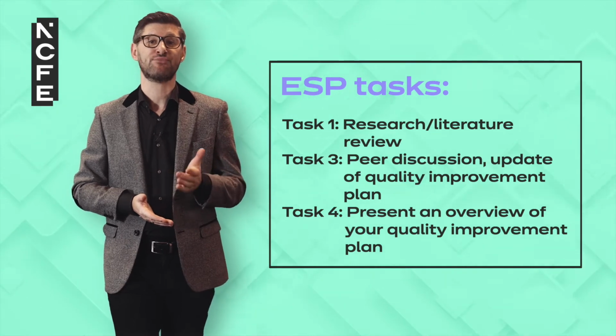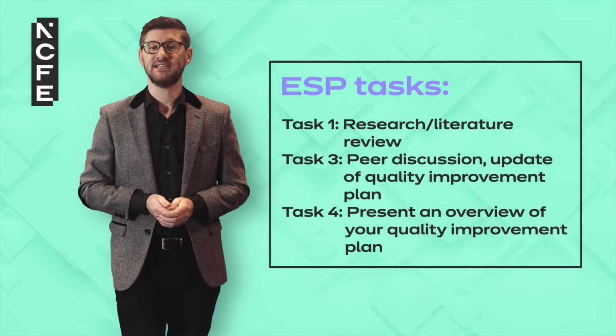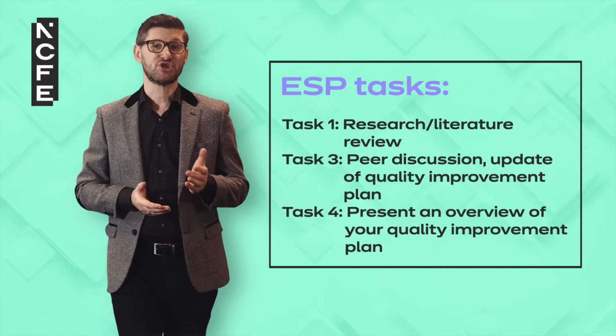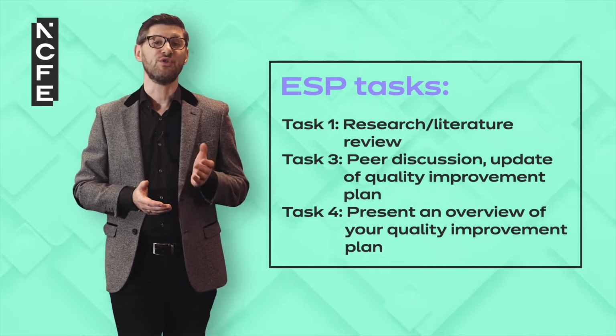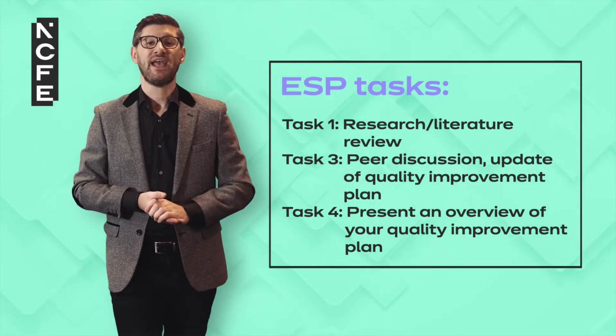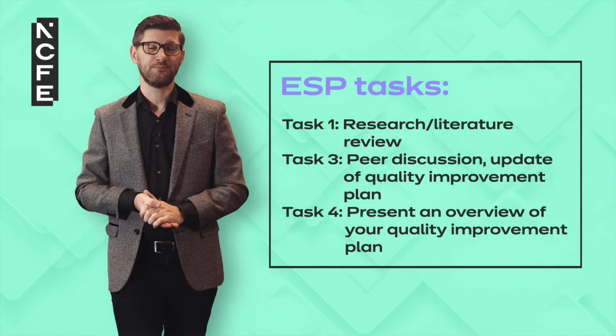Examples of employer set project tasks where this core skill is assessed are research and literature review, in which students are required to carry out research using specific literature sources and present their research in a written literature review.